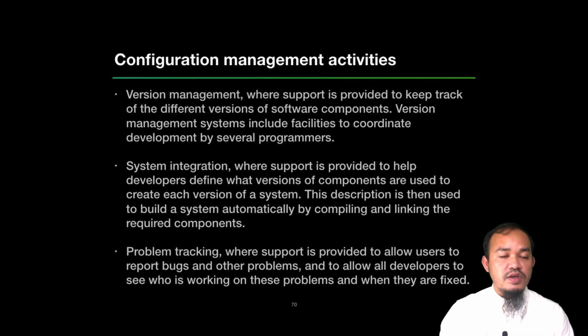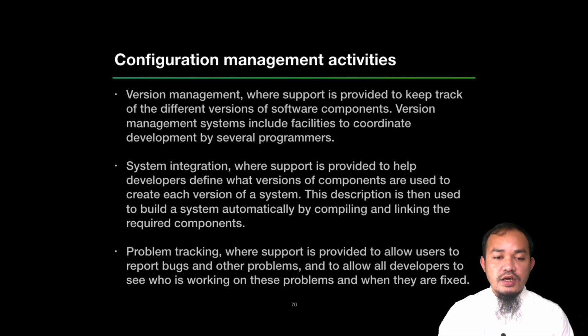Another is system integration, because one system will be developed by several developers, right? To take the system and integrate it together, we have to do configuration. How can we integrate the system to make it work together? Okay.